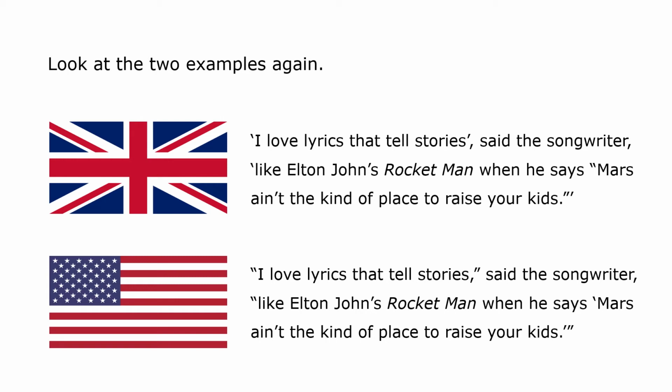The first quote in British English uses single quotation marks. The first quote in American English uses double quotation marks. And then when there's a quotation inside a quotation, British English uses double quotation marks and American English uses single quotation marks. They're opposite.